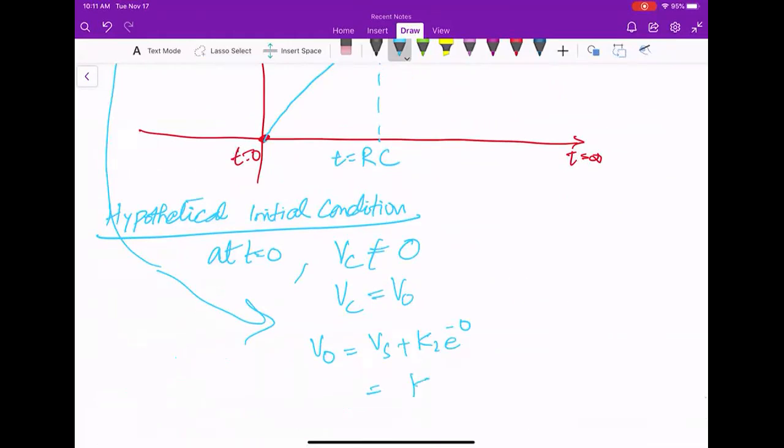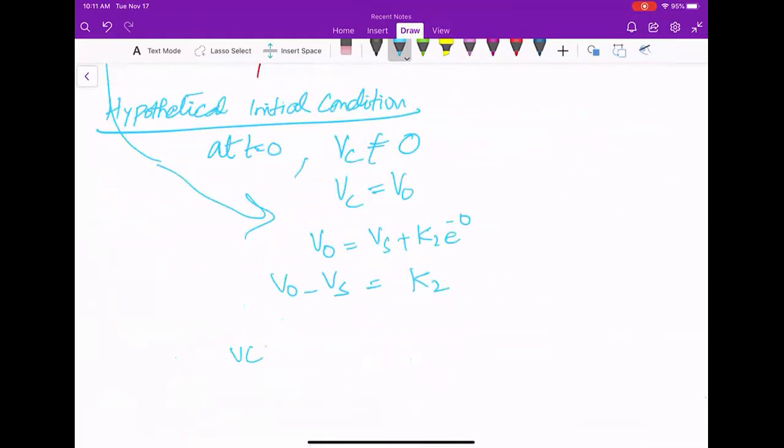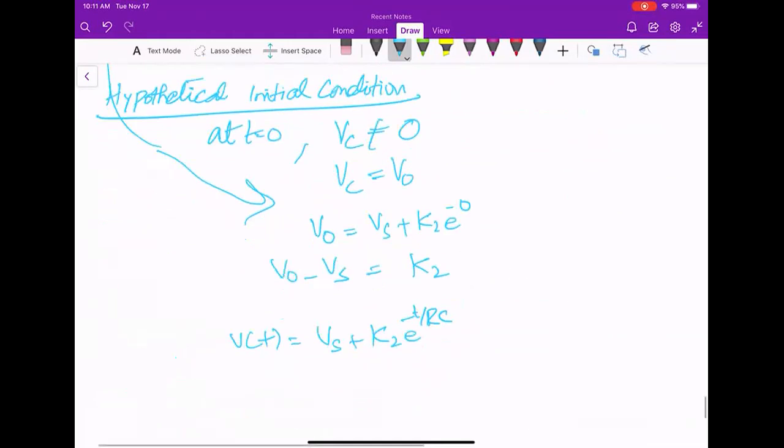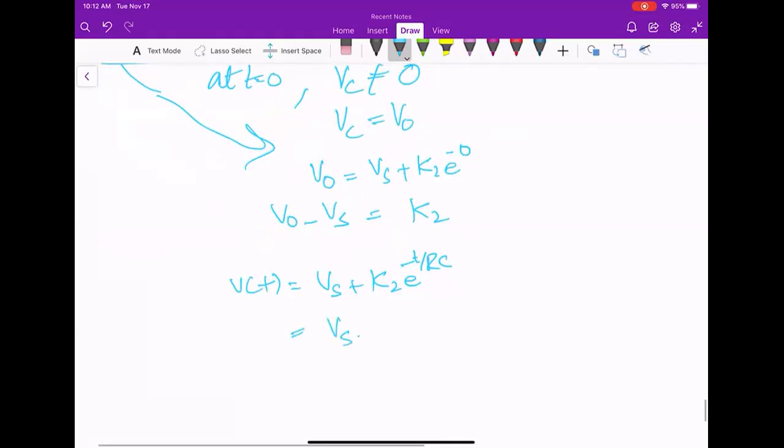And then your K2 will become V naught minus Vs. So when you replace it in this equation, you will write Vs plus (V naught minus Vs) e to the minus t by RC, right? So this means that... no, not K2 here.